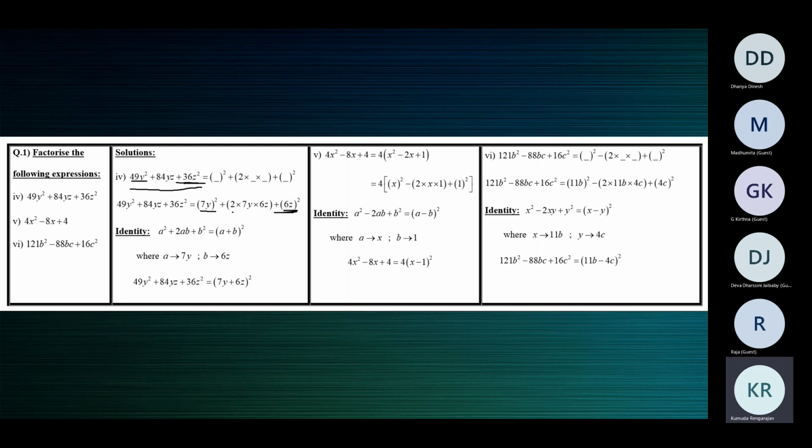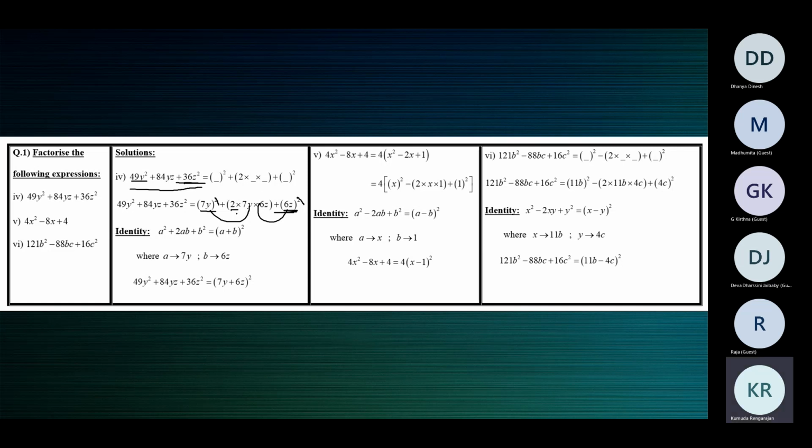Now let's check on the middle term, 2ab. It will be 2 into a, which is 7y, and b, which is 6z. Because a square is 7y the whole square, a is only 7y, and b square is 6z the whole square, so b is 6z.